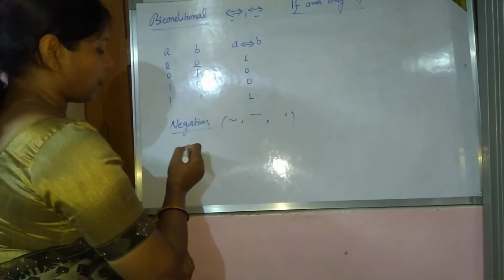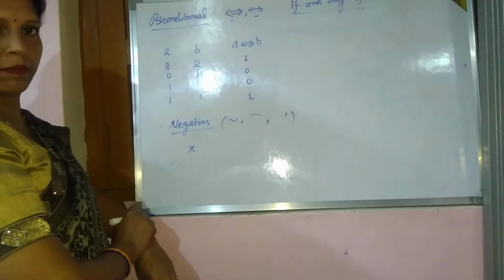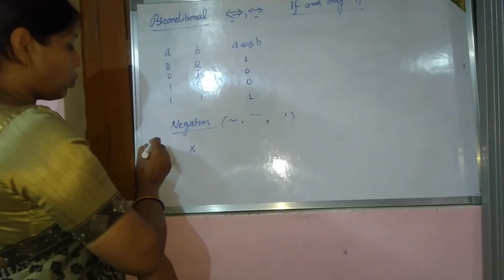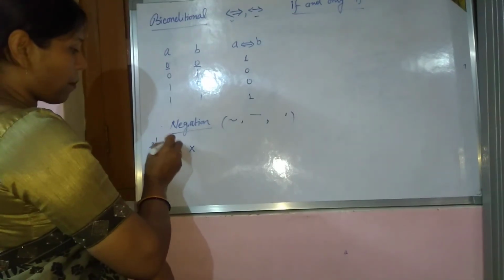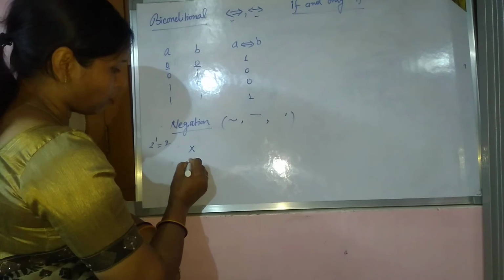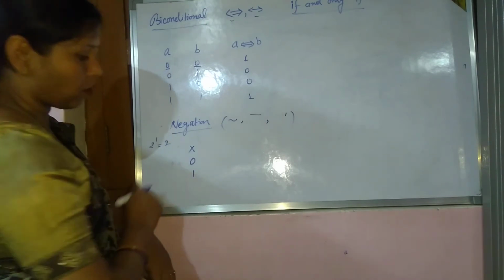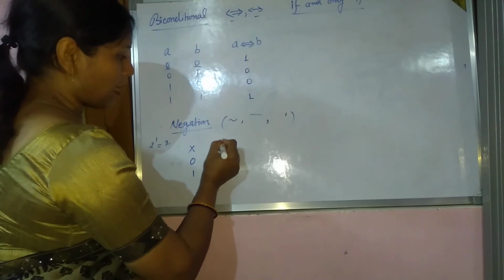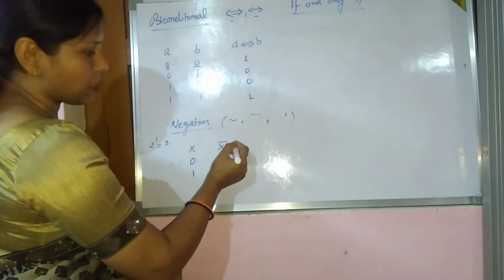Suppose we have one proposition, that is x. Here is only one variable. 2 raised to the power 1 means the number of combinations is only 2, 0 and 1. Now x bar, you can write x bar, or x complement, or tilde x.